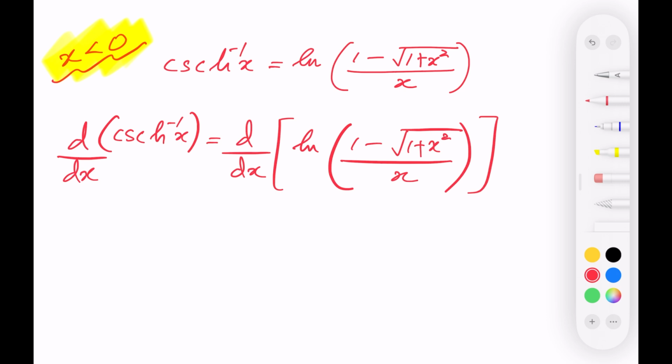Unfortunately, in this case, I cannot apply the properties of logarithm and simplify this right hand side. We cannot do that because if I do so, I will have a minus ln x term, which is undefined when x is less than 0.